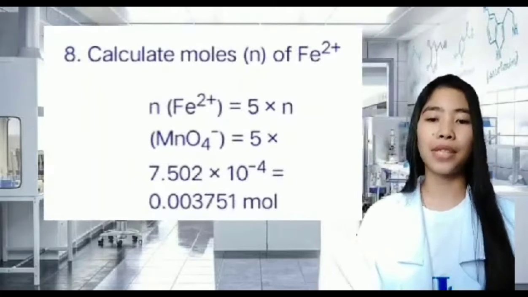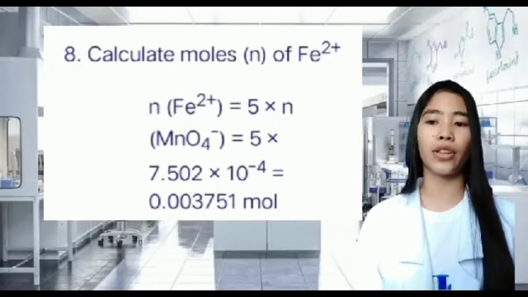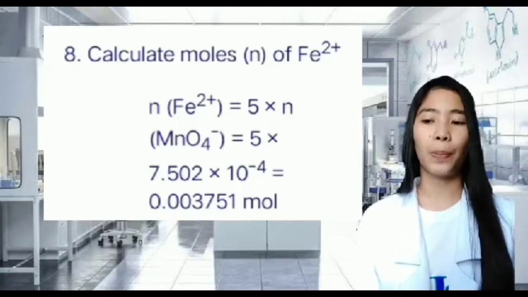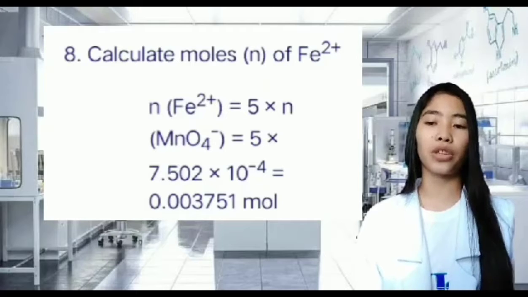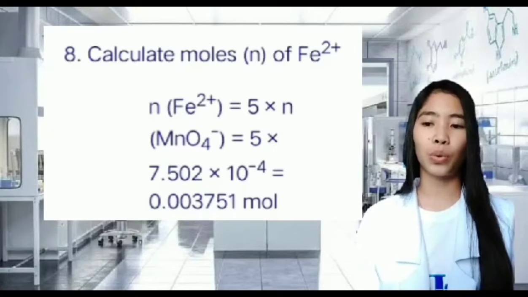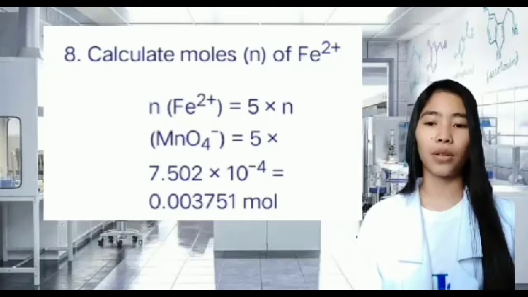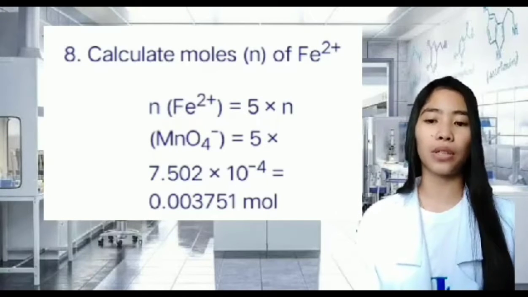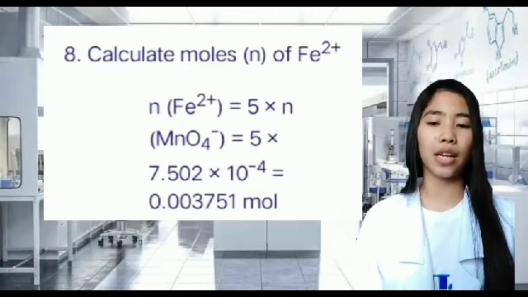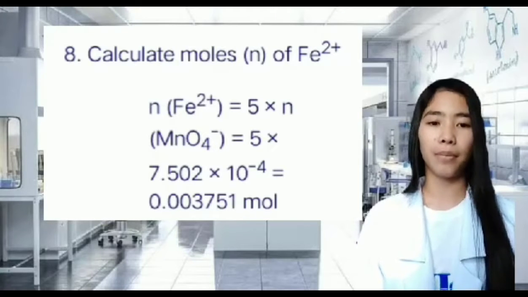The eighth step is calculate the moles, or the n, of Fe²⁺. So the value of our Fe²⁺ is equal to 5 times 7.50 times 10 to the power of negative 4, which is equal to 0.003751 mole.